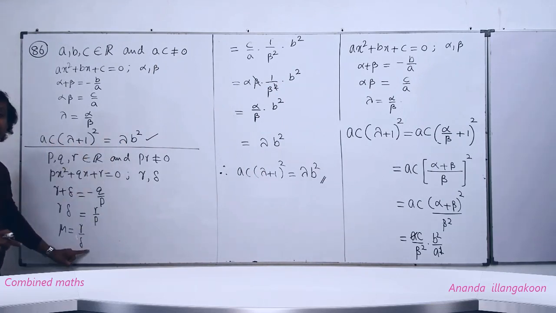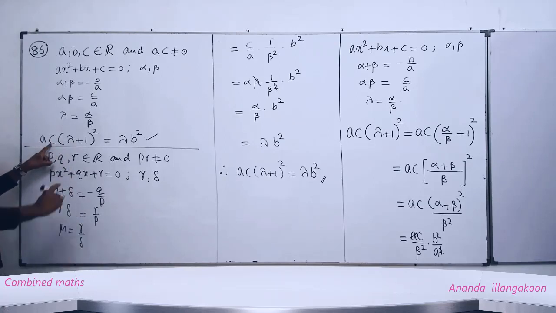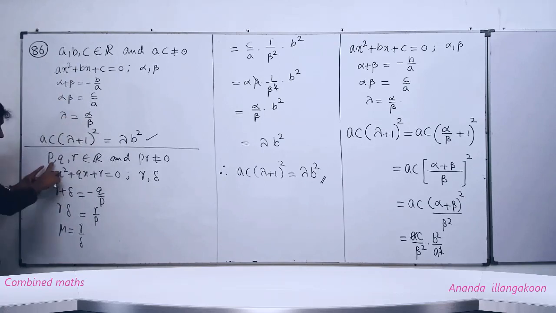We write one here. Understand? Once you observe this left-hand side, ac, that means first and last we have to multiply, and lambda means that given ratio. Then for this equation, first and last we have to multiply, pr. Here as lambda, here we have mu.